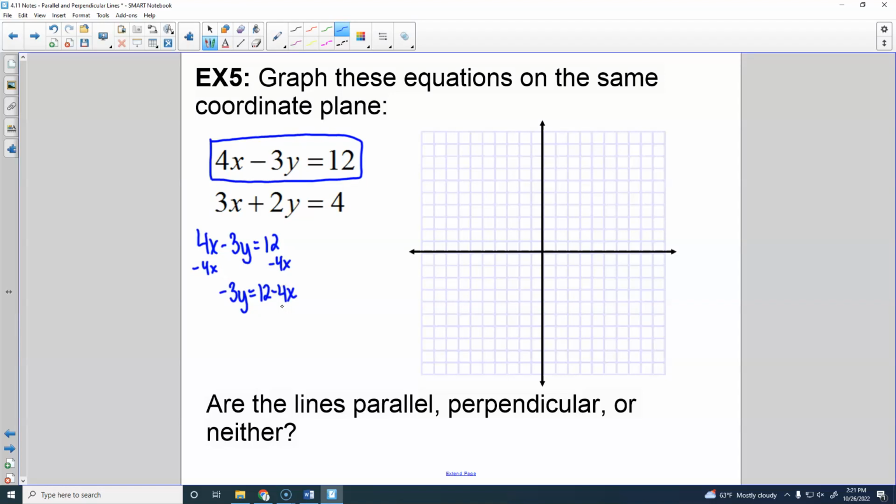You have to solve for y. So make sure whenever you get to those that are not solved for y, that you solve those for y.